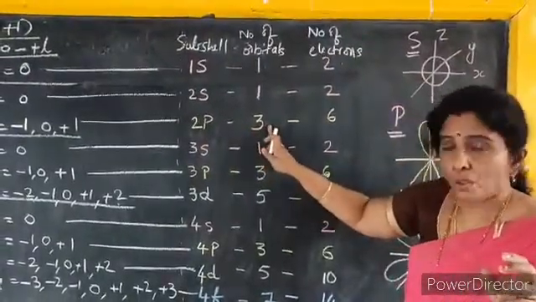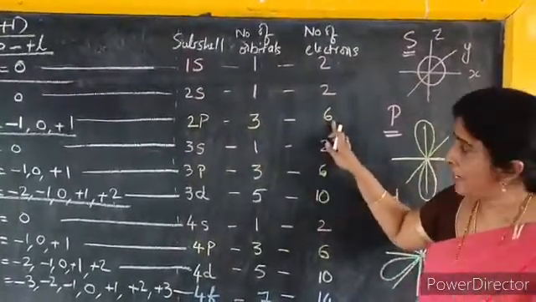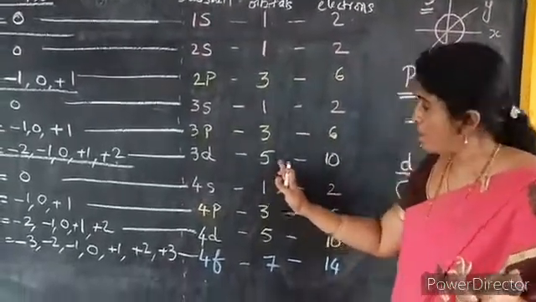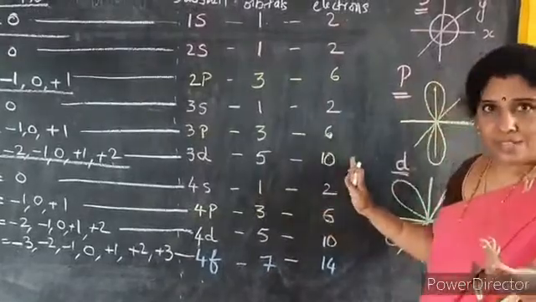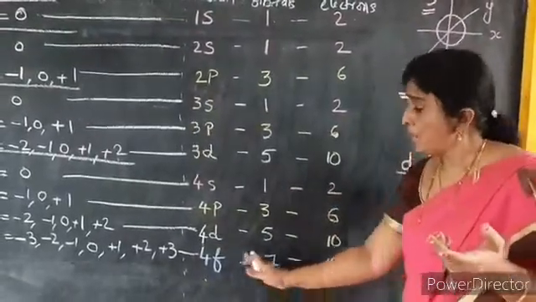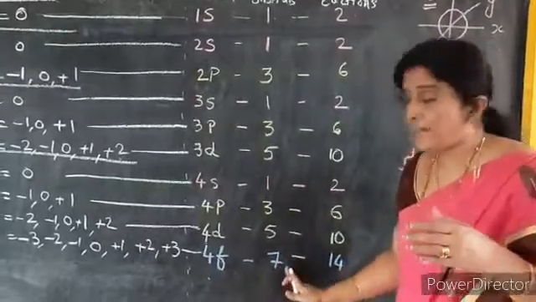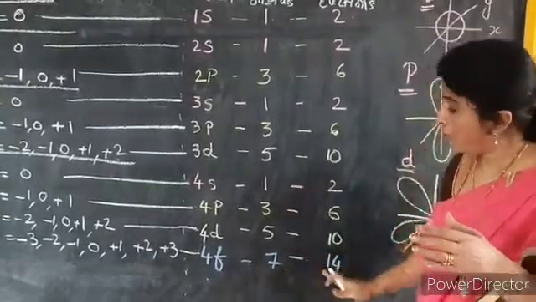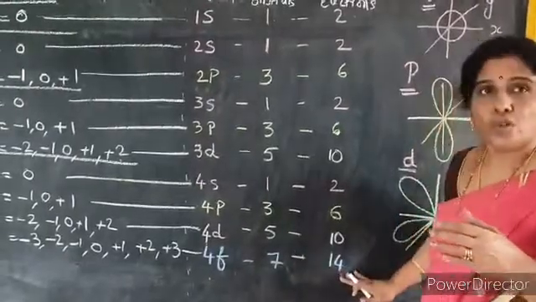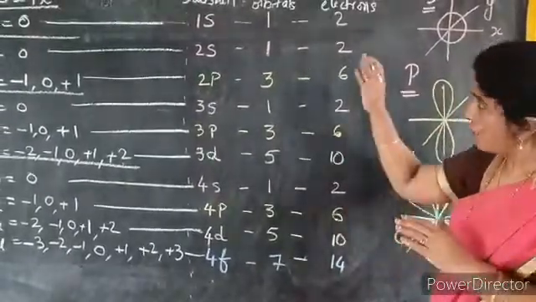So 3 into 2, 6 electrons can be accommodated. Coming to D, you have total 5 orbitals. 5 into 2, 10 electrons it can accommodate. And coming to F, you have total 7 orbitals, which can accommodate 14, because 7 into 2, total 14 electrons can be accommodated.